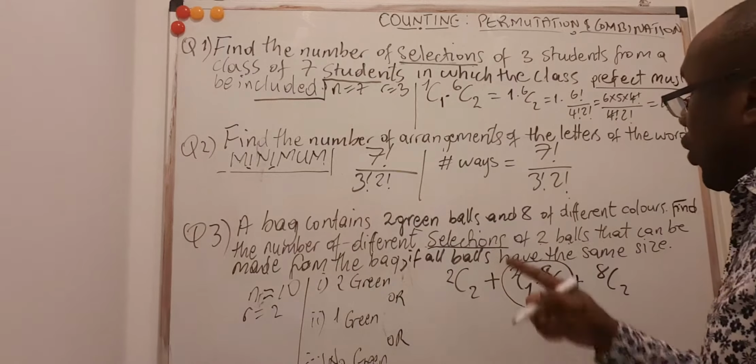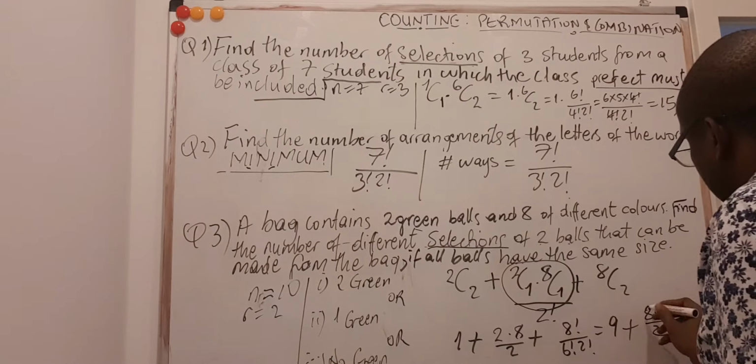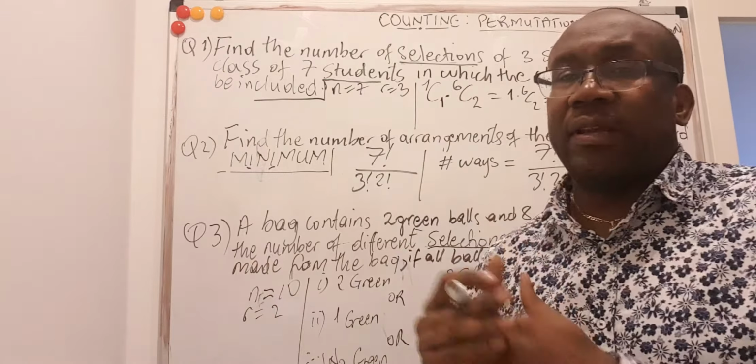Here this is 1 plus 2 cancels 2, 8 plus 1 is 9, and here 8 times 7 times 6 factorial goes out, so I have 8 times 7 divided by 2, 2 factorial is 2, so 4 times 7 is 28, and 28 plus 9 is 37. So it means there are 37 selections of 2 balls that can be made from a bag that contains 10 balls if 2 of them are green and the others are different colors and they are of the same sizes.